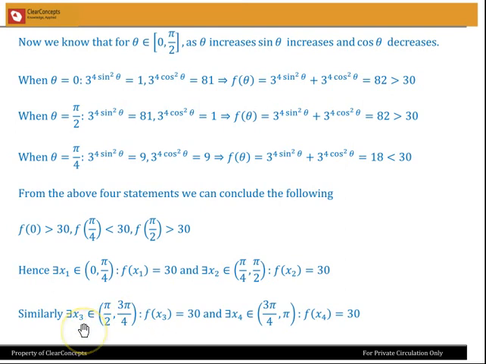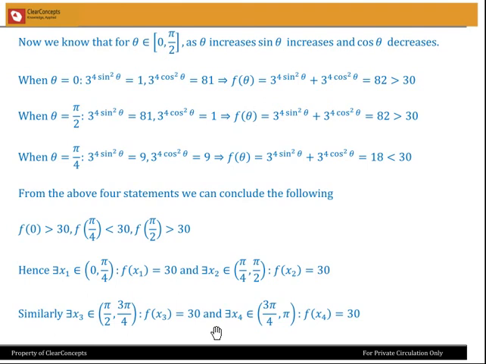Similarly, dealing with the second quadrant, we can conclude that there must be one value x3 in the interval pi by 2 to 3 pi by 4 and another value x4 in the interval 3 pi by 4 to pi. So we are looking for 4 values. We should be getting 4 values. That's the whole idea of this analysis, because we don't know how to solve that equation yet.